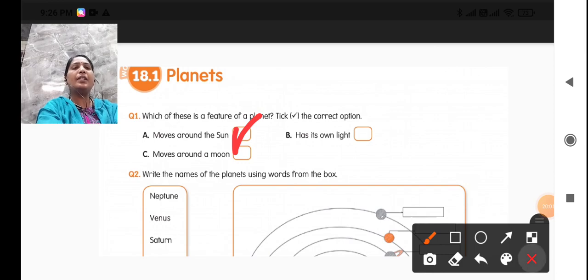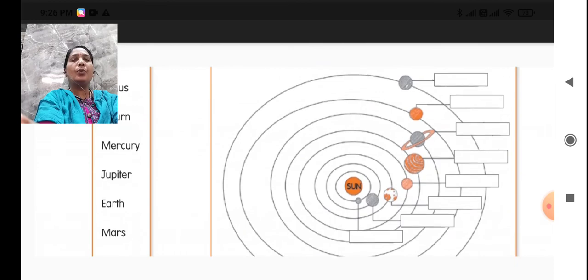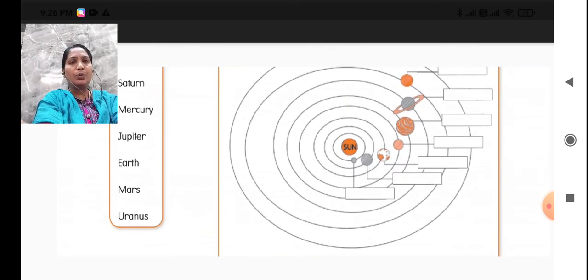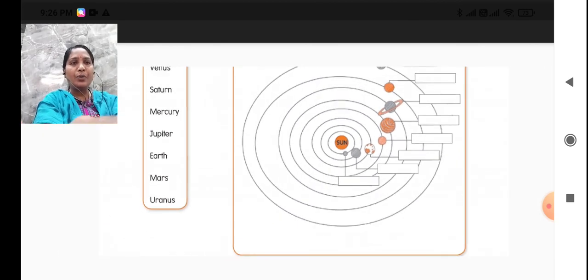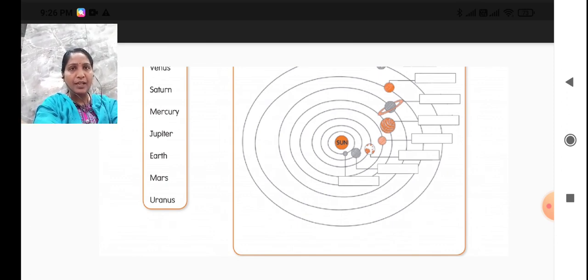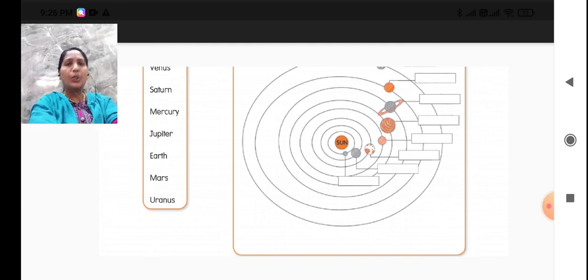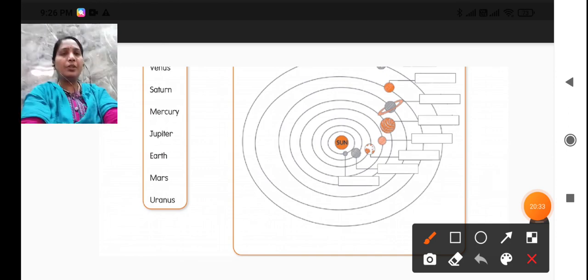And the next one, you see the picture as we discussed just now. You write all these planets' names according to your activity and what you have done, how you arranged the planets, and also use the trick which I gave you. My very elegant mother just served us naan. By using that, you fill up the planets' names in the given boxes. I'll do one for you.